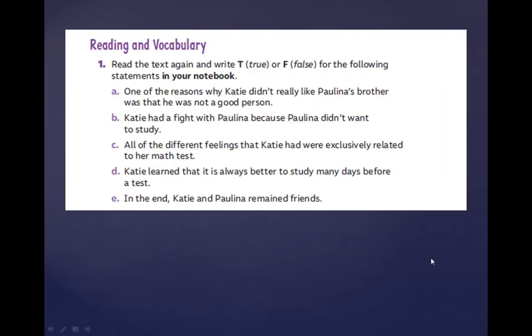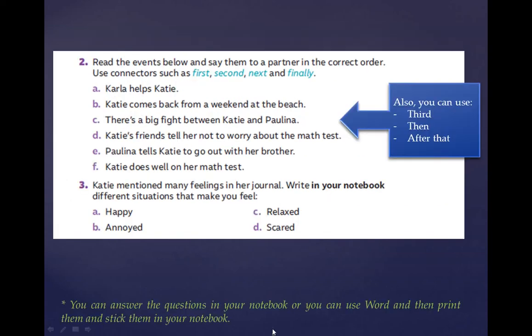Reading and vocabulary. Read the text again and write T for true or F for false for the following statements in your notebook. Here you have 5 statements and you are going to write T or F. Again, you can print this information and stick it in your notebook to answer it there. Number 2. Read the events below and say them to a partner in the correct order.